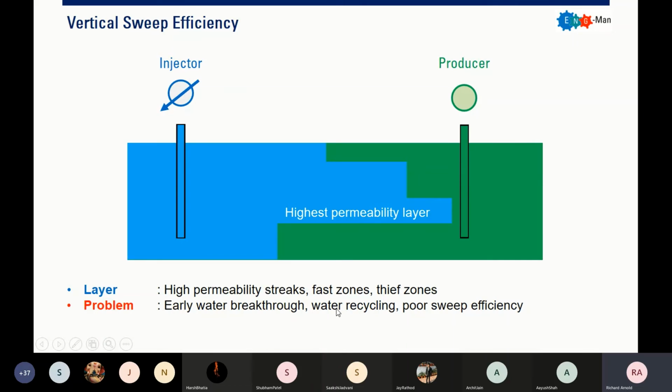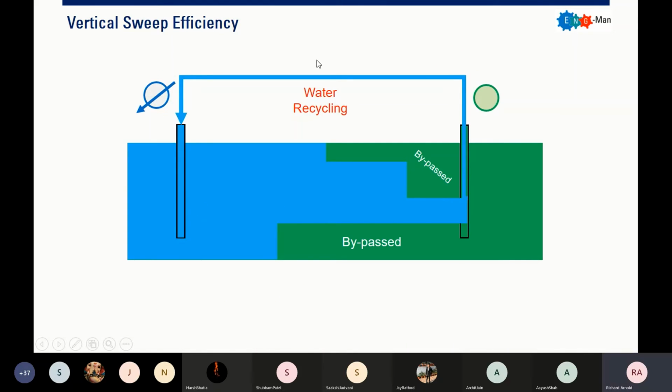And what actually is water recycling? It is actually like this one. So basically, you don't really push or displace your oil efficiently. Finally, you will just do water recycling. So you inject your water and then your water moves in the reservoir. It will be produced at your producer.